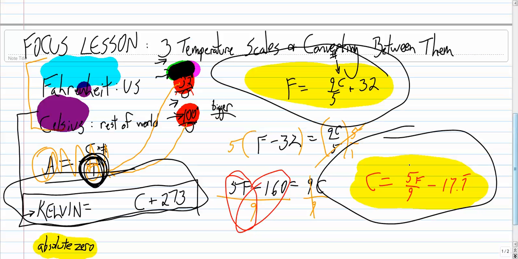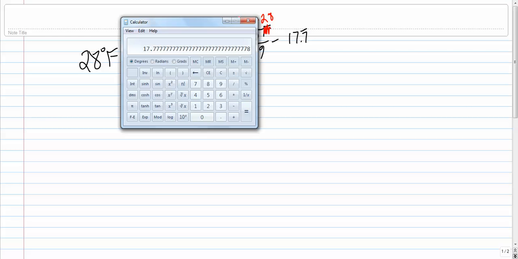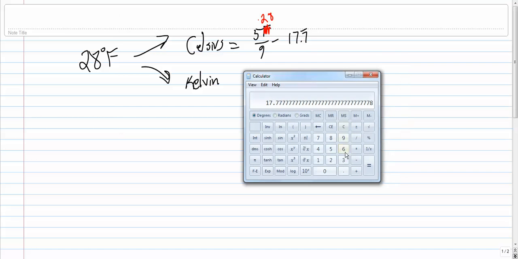So let's do that. Celsius equals 5F over 9 minus 17.7 repeating. So all we've got to do then is put in 28 right there. I don't think I'm going to bother writing this down. I'm just going to do it. So let's hit clear here.